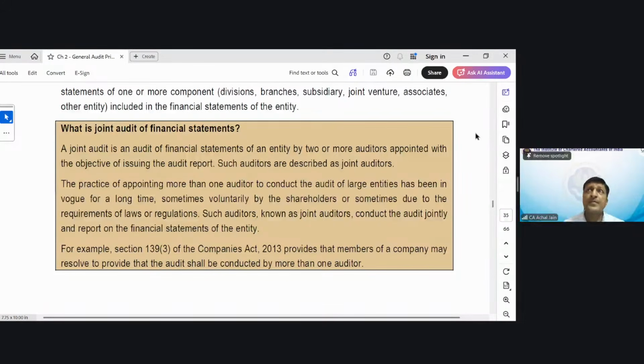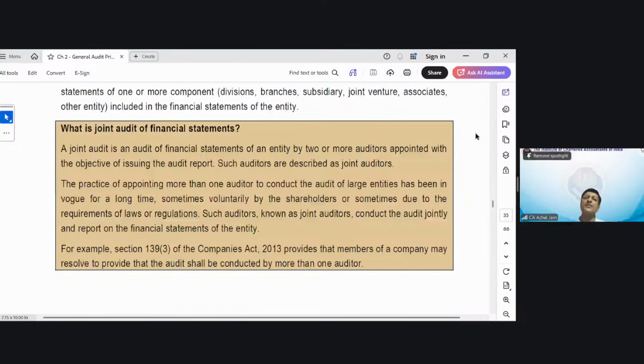Now sometimes it's mandated, say by a regulation. For example, PSUs are generally required to have more than one auditor. When you talk about a company which is not a PSU, say a private company, they may want to have joint audit.